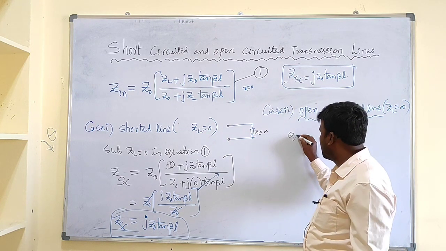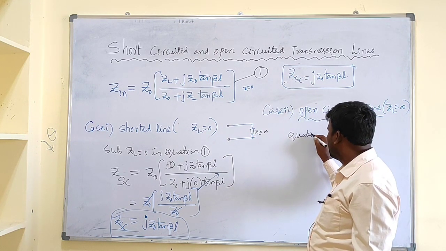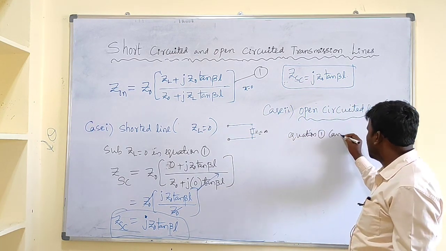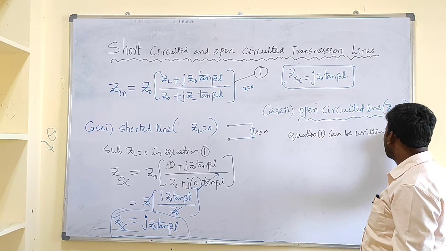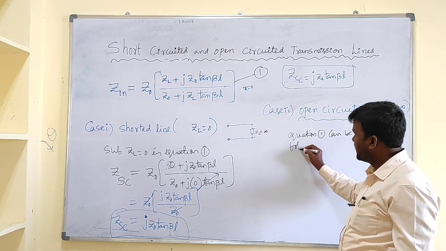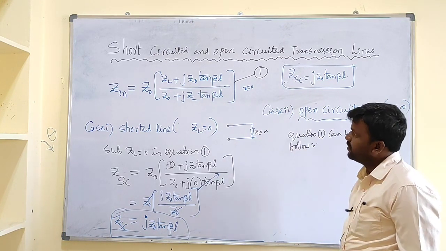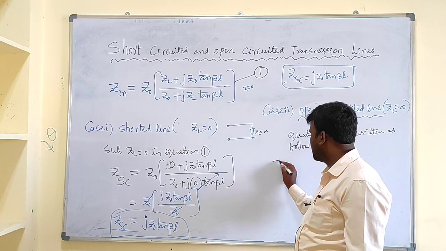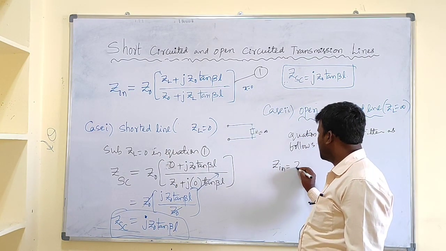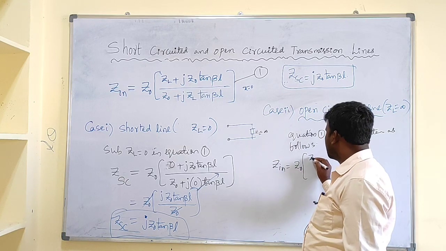So rewrite equation 1. Equation 1 can be written as follows by taking ZL as common. Let us take ZL as common in the numerator and denominator, that is ZIN equal to Z0 into, take ZL as common.